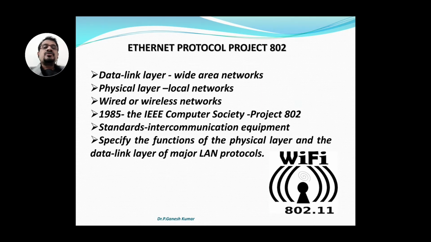It also specifies the functions of the physical layer and the data link layer of major LAN protocols. As mentioned, it mainly covers the physical and data link layers, because they help data move in both local networks and wide area networks. Now we can see the IEEE standard for LAN.